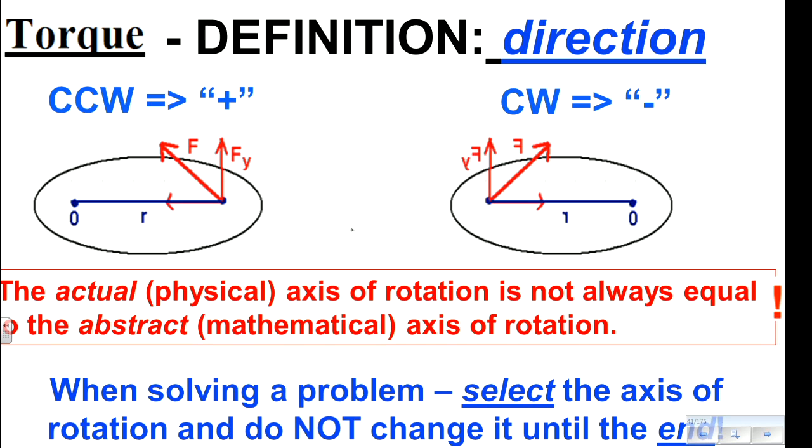And when a torque tries to move an object clockwise, it doesn't have to move, but at least when it tries, we call that torque negative. That's it. So a torque is a vector. It might have two signs, positive or negative.